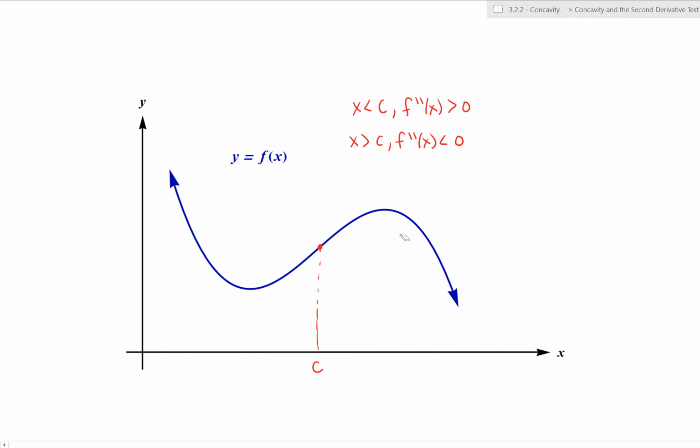And again, we see that the second derivative changes signs at x equals c, in this case from positive to negative, and we would still call this an inflection point because the second derivative changes signs at that location. So it's all about changing from up to down or down to up in terms of concavity, and when that happens, we call that point a point of inflection or an inflection point.